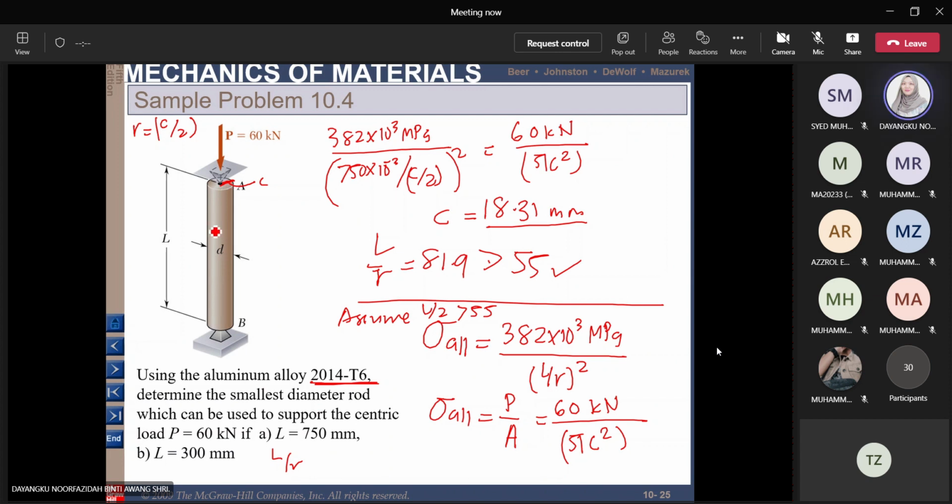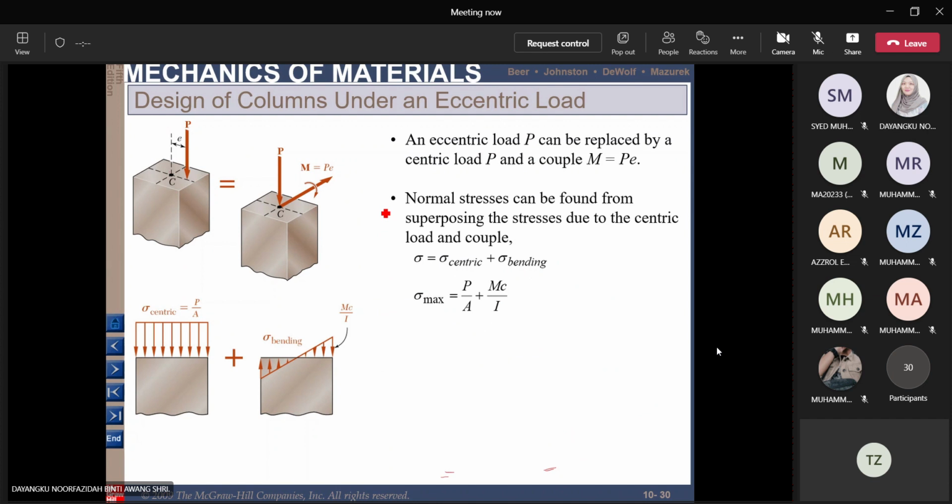Okay, so let's move to the eccentric loading, to design the column based on the eccentric loading. We still use the same calculation from the centric loading, but now we need to change it into two parts.